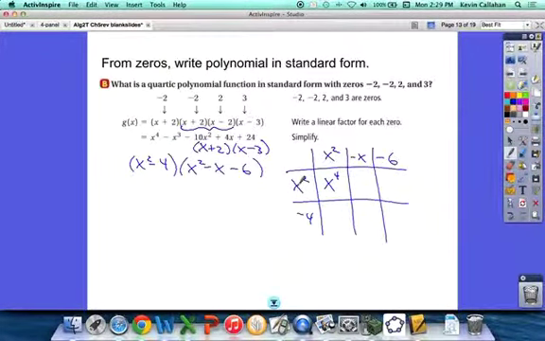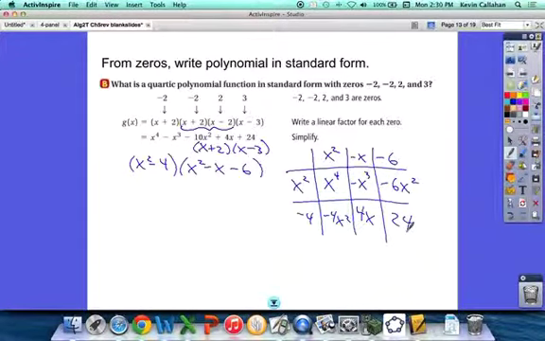X squared times negative x, negative x to the 3rd. X squared times negative 6. Okay, negative 4 times x squared, negative 4x squared. Negative 4 times negative x, positive 4x. Right? And then negative 4 times negative 6, 24.